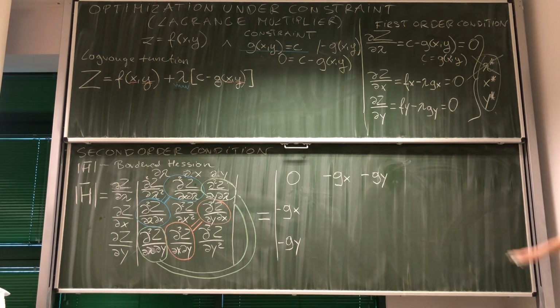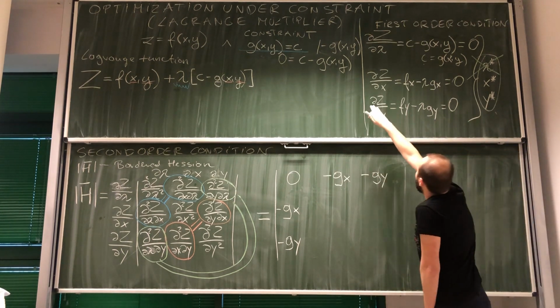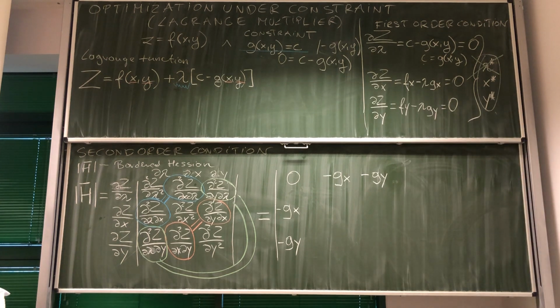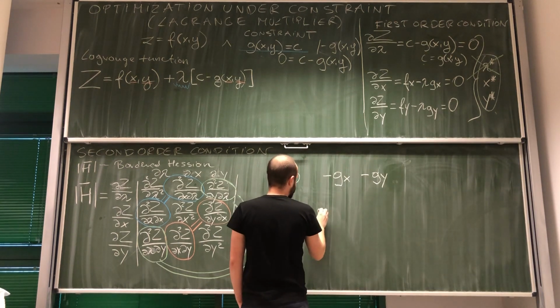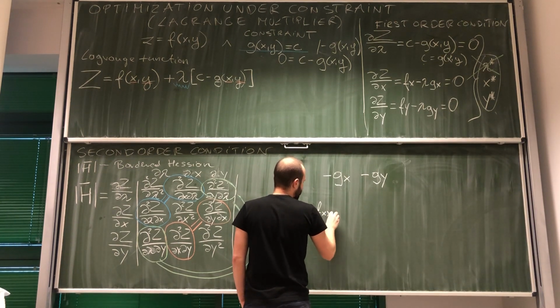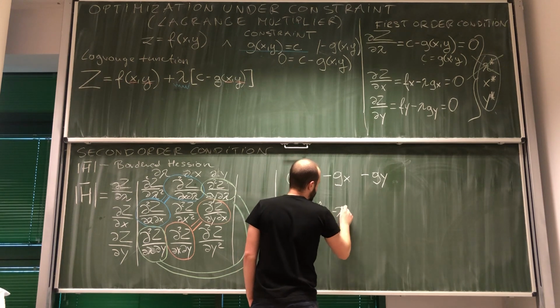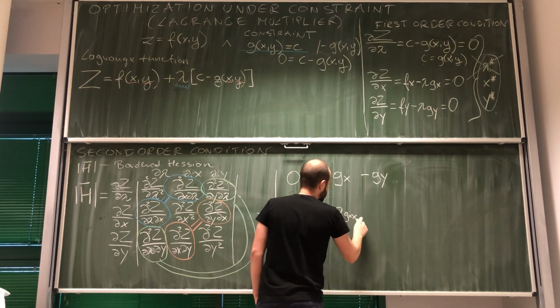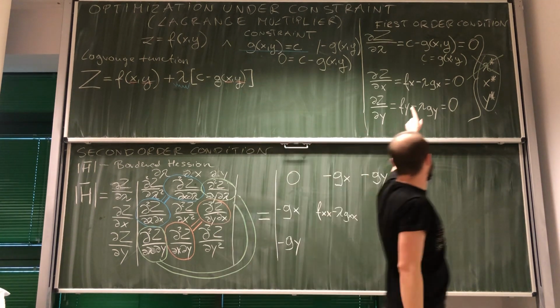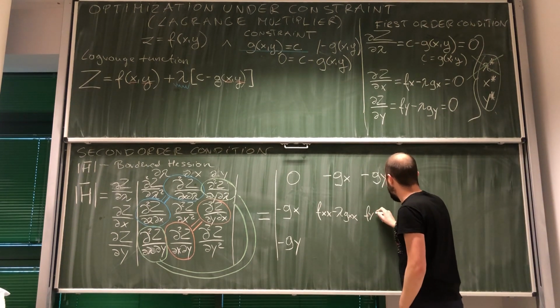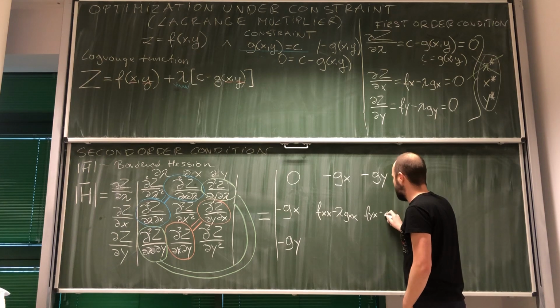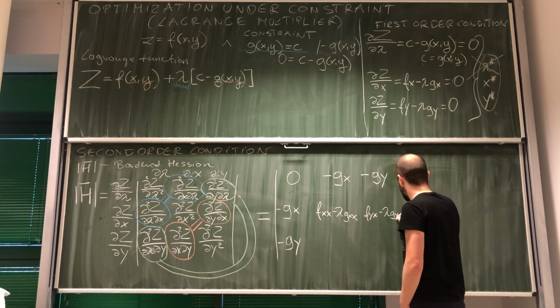Now, so what do I need to do now? Now, differentiate the first derivative with respect to x. With respect to x, so out of that, I'm getting that this is fxx minus lambda gxx. If I'm going to differentiate this with respect to y, I'm going to get fyx minus lambda gyx.